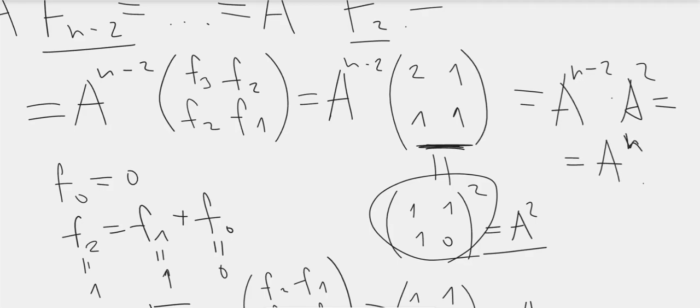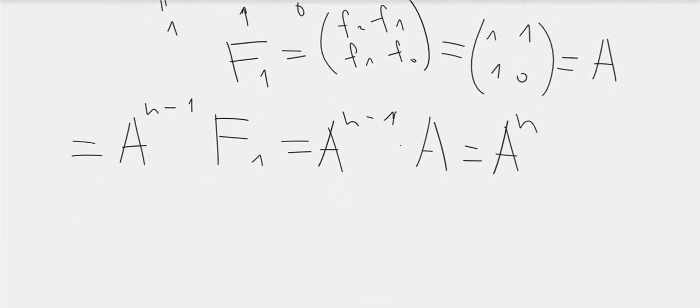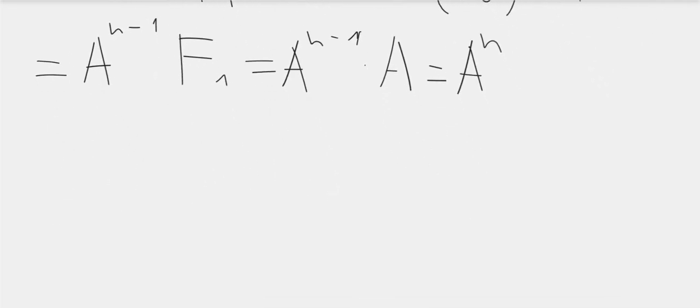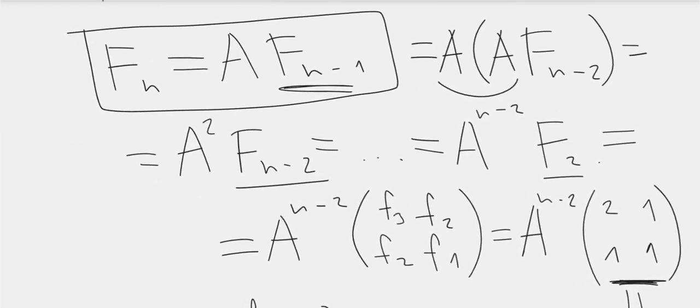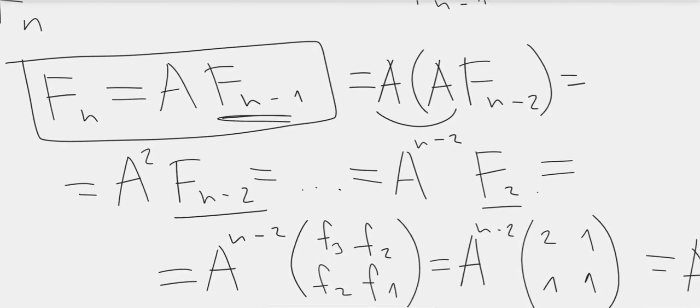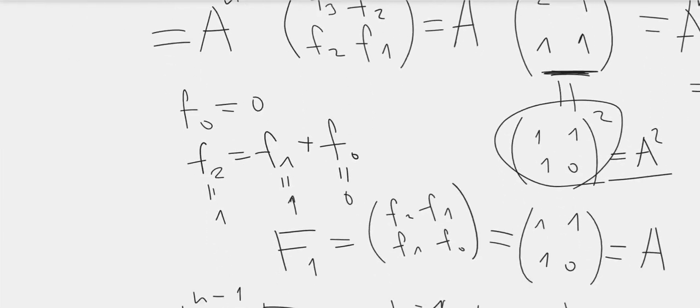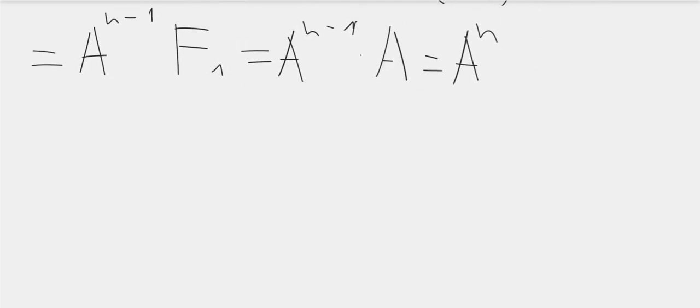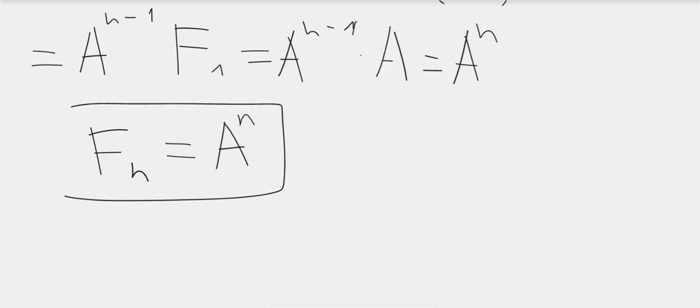So in any case, however we choose to derive it, we obtain the final formula that Fn is equal to the matrix A to the power n. That is the final formula.